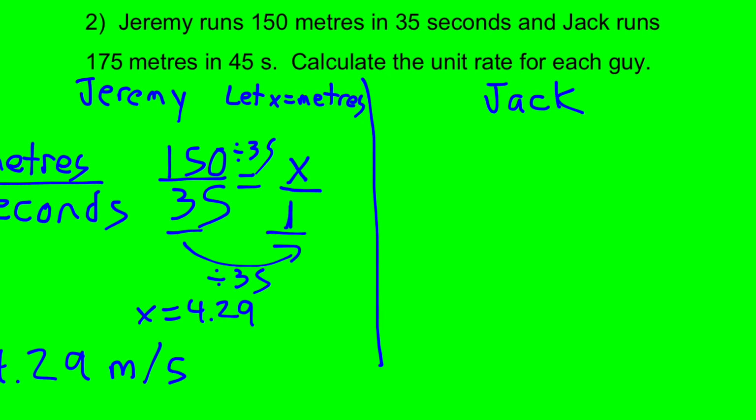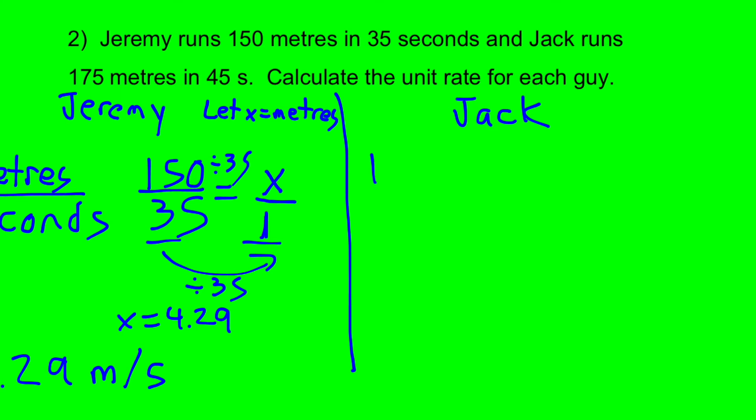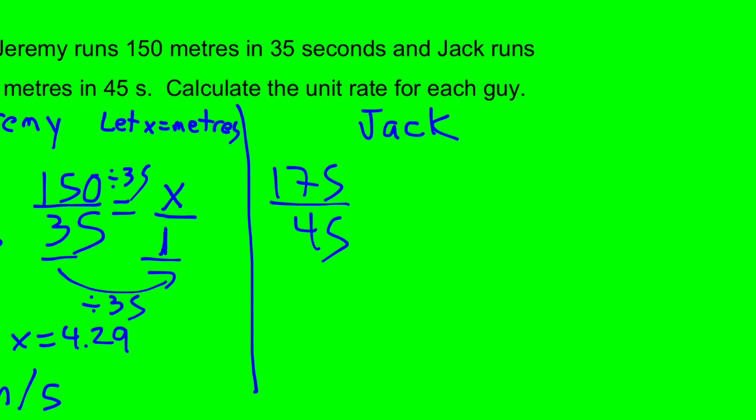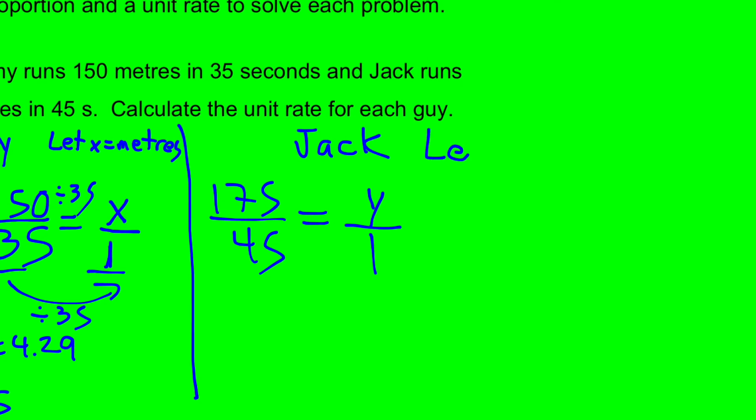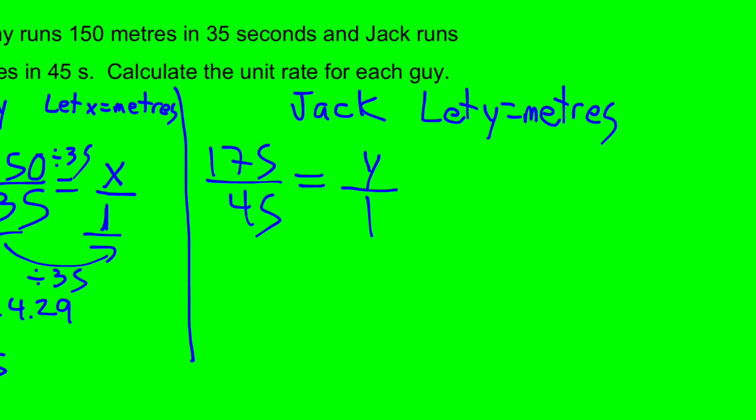Now, to do Jack's, we'd do the same thing: 175 meters, 45 seconds. Since it's a different person, we'll use a different variable for our unknown. We want to know how many meters he'll run per 1 second, so we'll let y equal the meters. Once again, what do I do to 45 to get 1?